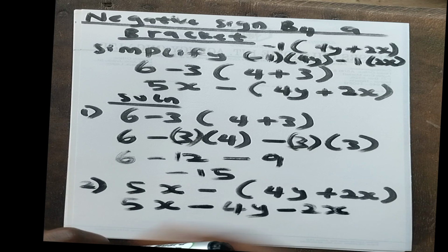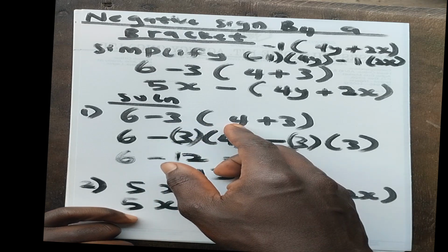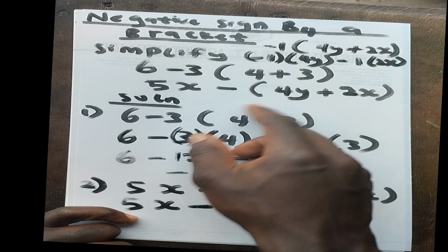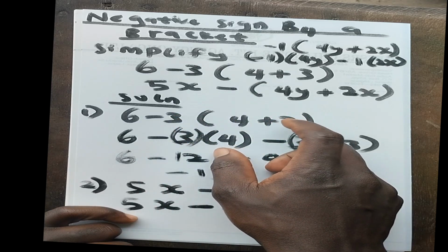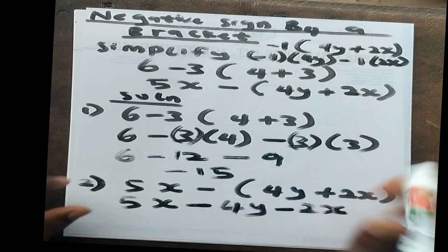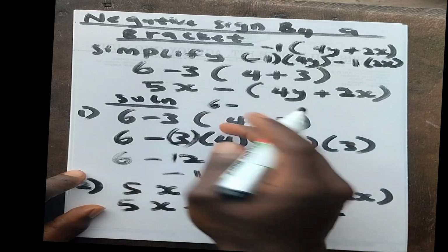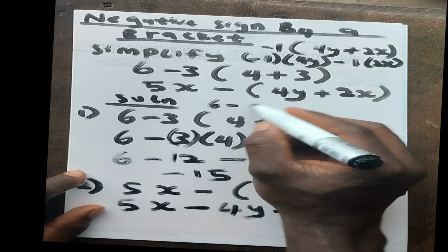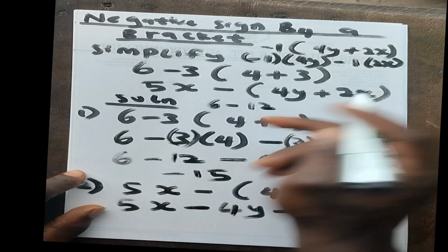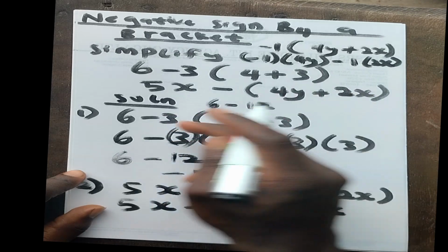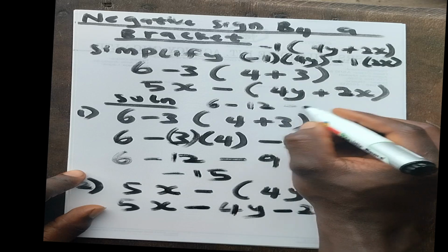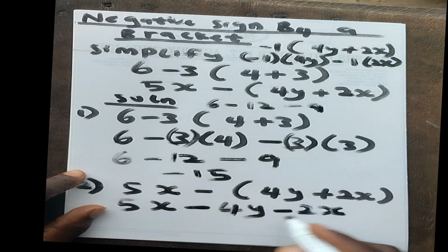Can you still do it yourself? By shortcut, minus 3 times 4 is minus 12, and minus 3 times 3 is minus 9. That's what I did here.